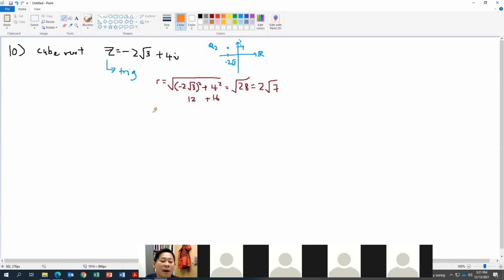In order to find theta, again, we use the tangent. So we do arctangent of the top one, which is 4, over, again, this is x and y, so y over x, negative 2√3. So take out your calculator, and I want you to figure out what this theta is, where the top is y over x, so 4 over negative 2√3.